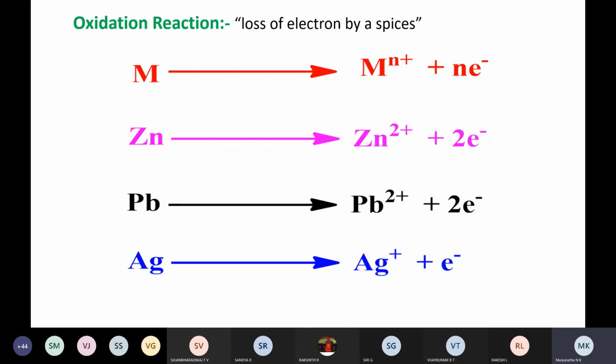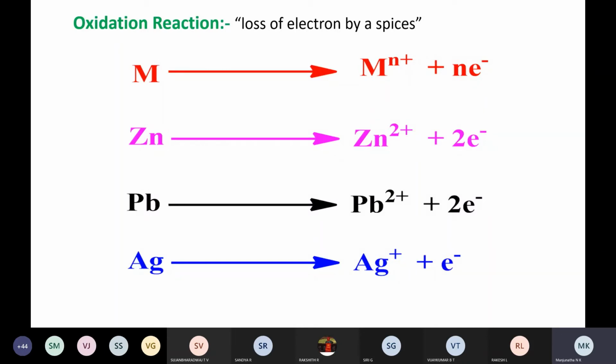Once lead metal undergoes oxidation, it is converted into a lead ion, that is Pb2+, with liberation of 2 electrons. Or take silver. Once silver metal undergoes oxidation, it is converted into a silver ion, that is Ag+, with the liberation of 1 electron.